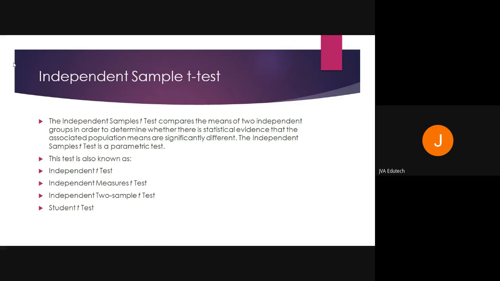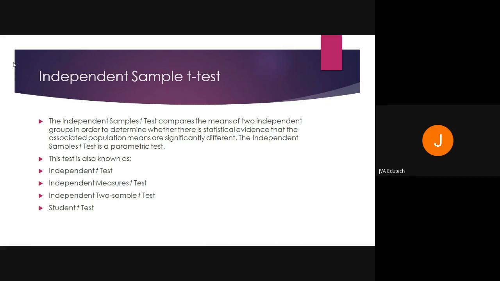So if I go through this definition, this independent sample t-test compares the means of two independent groups in order to determine whether there is statistical evidence that the associated population means are significantly different or not, where your sample mean is coming from two groups and these two groups are mutually exclusive of each other.